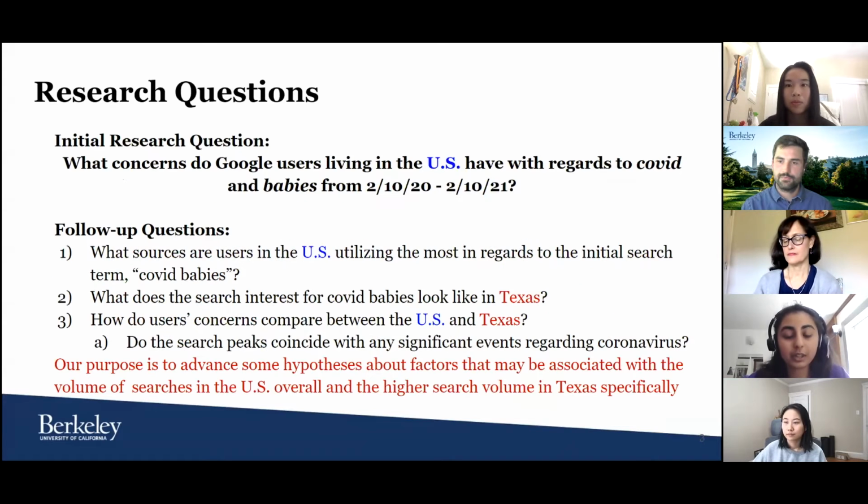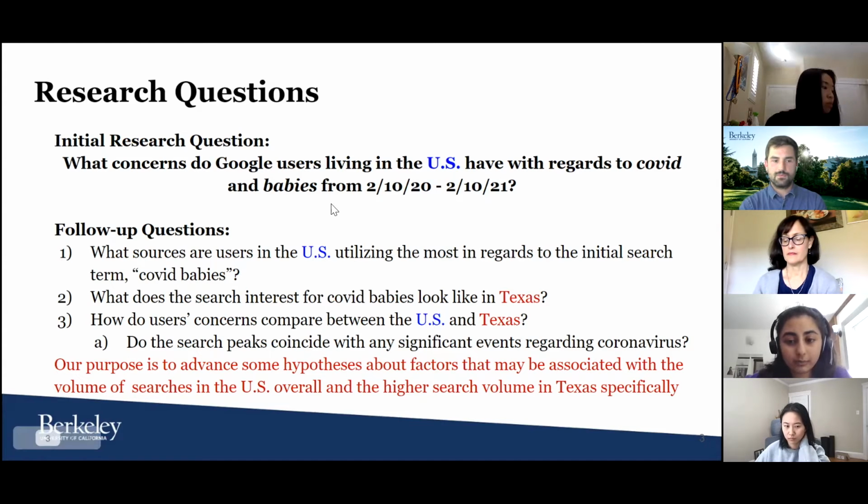And so thinking about how the disease processes might have been different or affected children differently, we decided to explore what Google user search concerns regarding COVID and babies were.